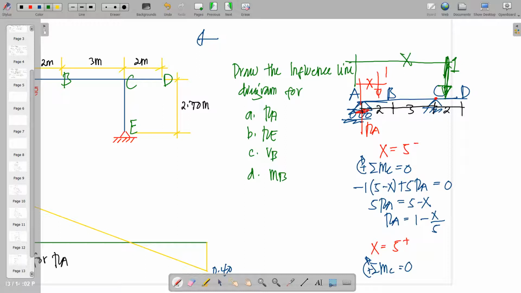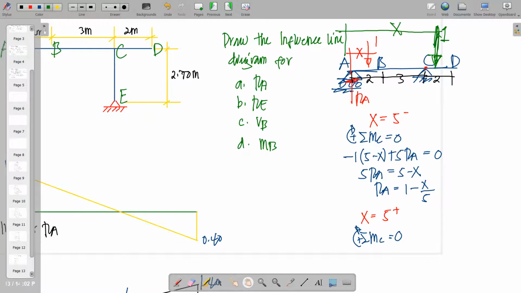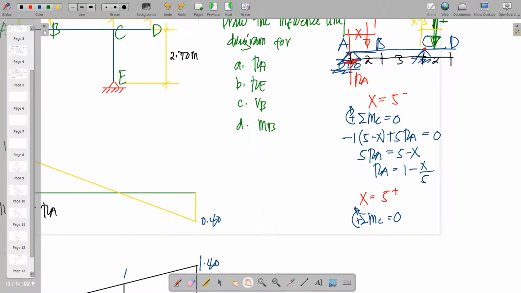So taking moments at C, we have to consider this distance. And what is this distance? X minus 5. X minus 5. And the rotation of that unit load is clockwise.